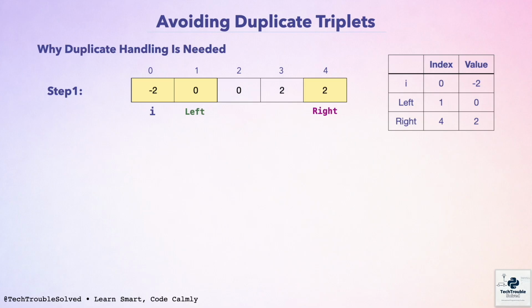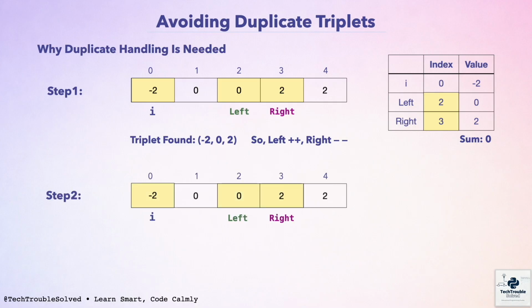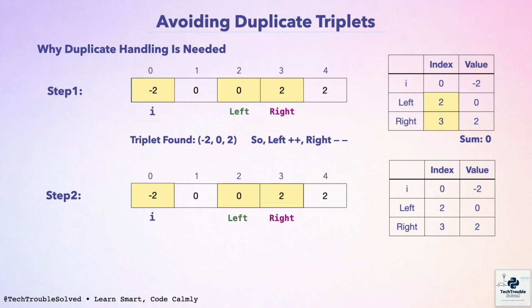If we fix -2 as our first element and run the two-pointer search, we find the triplet -2, 0, 2. After finding a valid triplet, the algorithm moves both pointers inward, left plus plus and right minus minus. But because there are duplicate values in the array, the pointers can move to the next 0 and the next 2, producing the same triplet again.